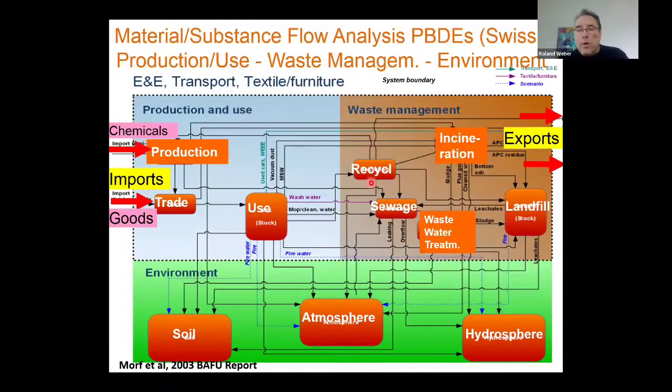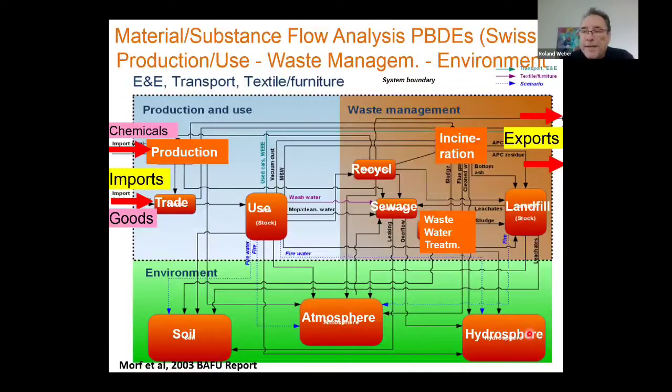And this kind of substance and material flow is so nice for policymakers, because on one slide you can show the whole story of the materials which are impacted. And even if you want, you can include here the environmental part and the release to the atmosphere, soil, and hydrosphere.